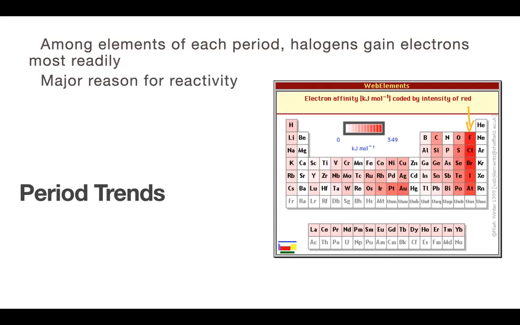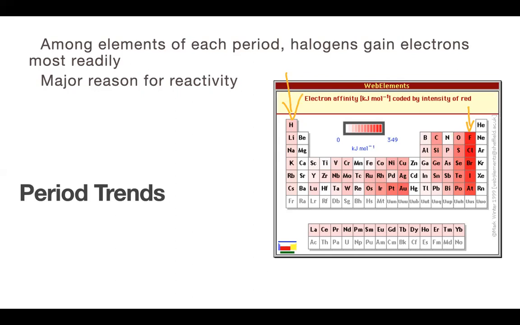Now, just like group 1, which I talked about last week, have the lowest ionization energy, meaning they really want to get rid of an electron, which makes them as reactive as they are.